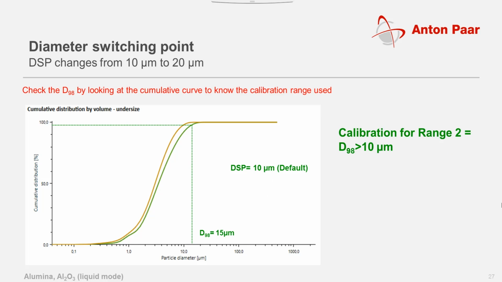In the case the particles you want to measure are in the range below 10 micrometer, the calibration for range 1 would be more accurate. However, when the expected D98 is close to the diameter switching point, like in this case, the algorithm could choose the wrong calibration range. To avoid this and to be sure to measure in range 1, you can change the diameter switching point by moving it away from 10 micrometer.